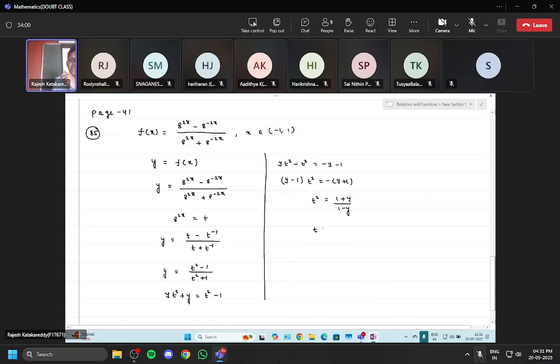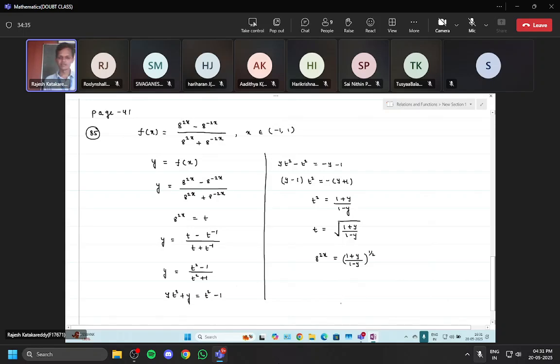So t will be, I am taking only the positive root, because t is 8 power 2x and 8 power 2x cannot be negative. Now 8 power 2x is equal to 1 plus y by 1 minus y whole power 1 by 2. When changing sides for 8, the exponent 8 becomes log base 8. When you change sides for a in a power x, it becomes log base a.